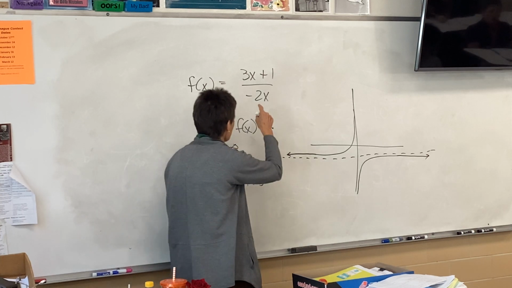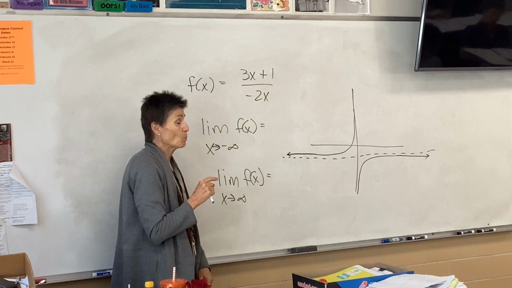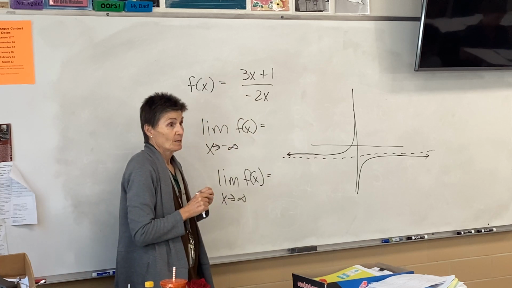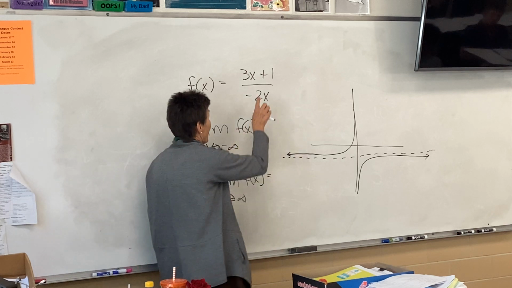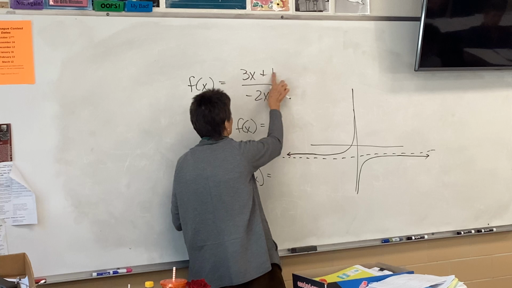I want you to think about this fraction. What happens when x gets really, really big? When x gets really, really big, how significant is that plus 1? Not. So ignore it.